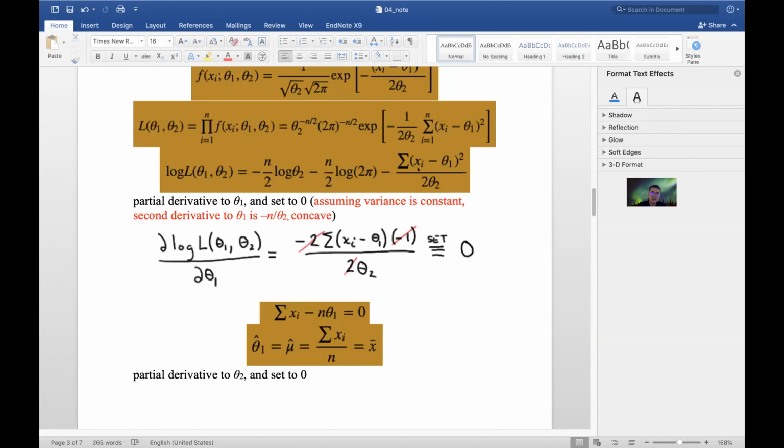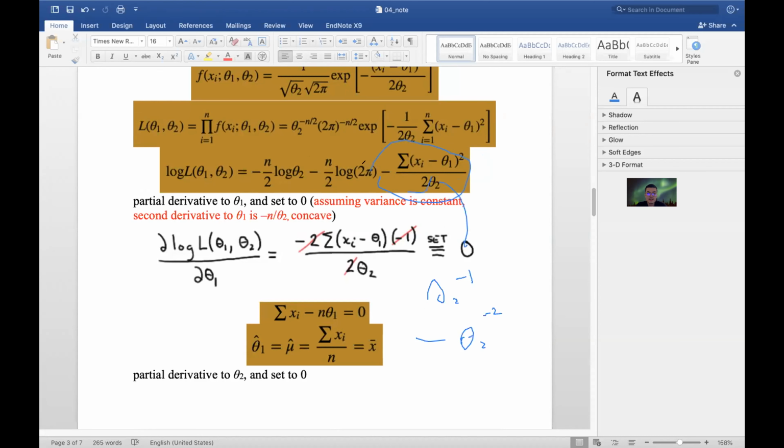And for the second term, let's think about this term. Take the derivative with respect to theta 2. I think there's some network delay, that's why the writing is not working. For this theta 2, the first thing we should know is that this is theta 2 to the negative 1. If we take the derivative, we get theta 2 to the negative 2.